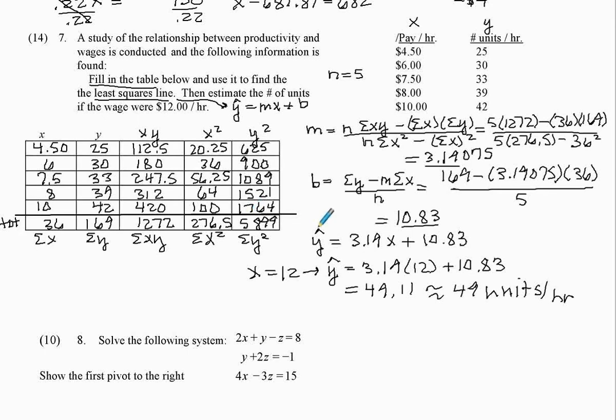Now, one thing related to the least squares line that I haven't asked here is the coefficient of correlation, r. If I asked that, you would be given the formula for it. Remember that if r is approximately equal to 1, then we have a strong positive linear relationship.